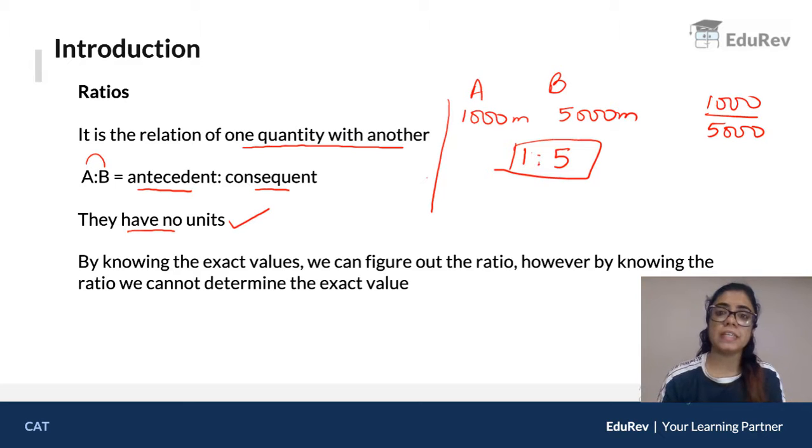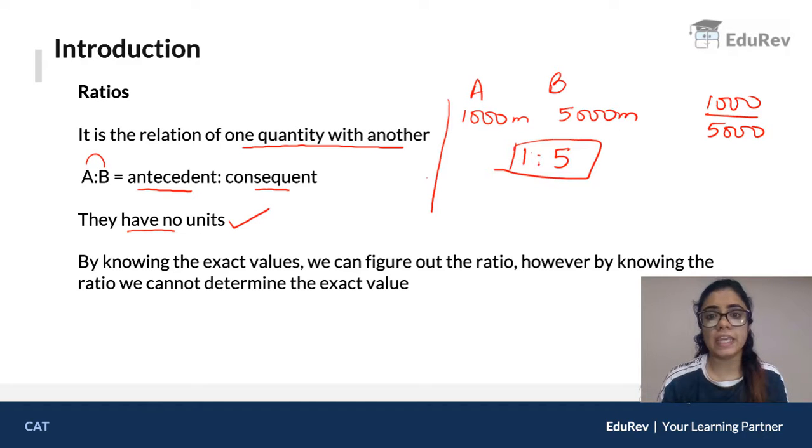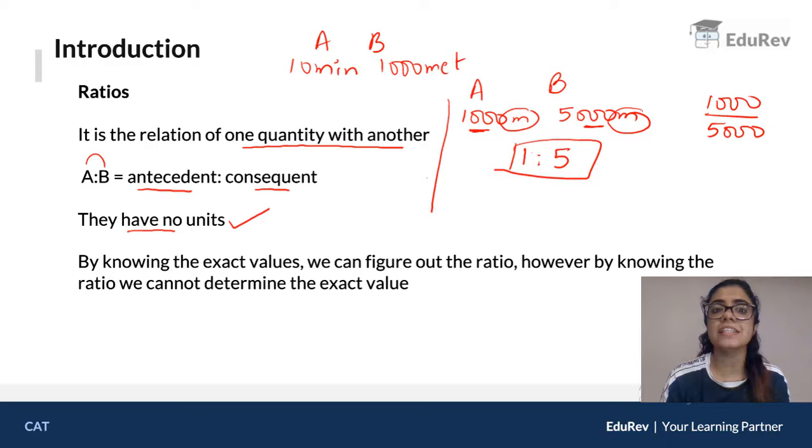So that means when you take the ratio, it has to be of a similar entity. Meaning if you are taking the distance here, the other value also has to be the distance only. ठीक है, and the units of both of them has to be same. मतलब you cannot take your ratio as let's say A is taking 10 minutes and B is covering 1000 meters. ठीक है, this is meters and this is minutes.